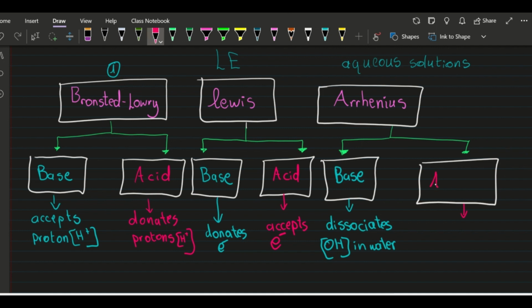And for the acid, it dissociates hydrogen in water.